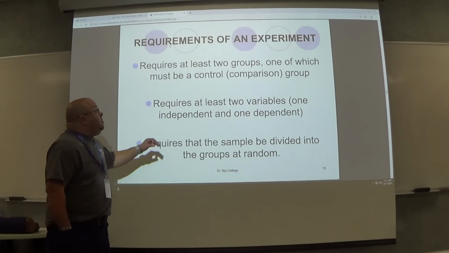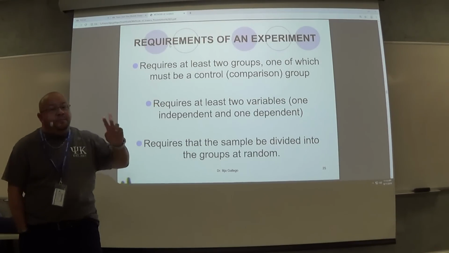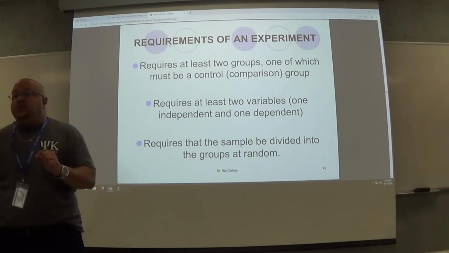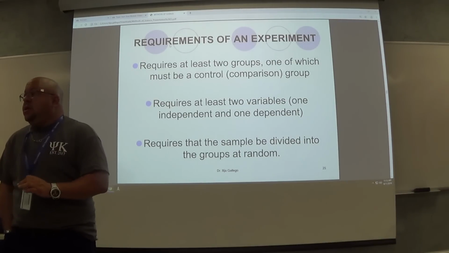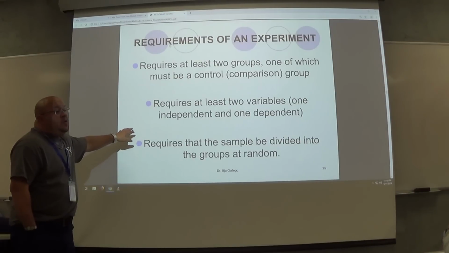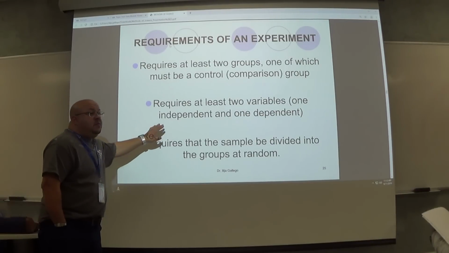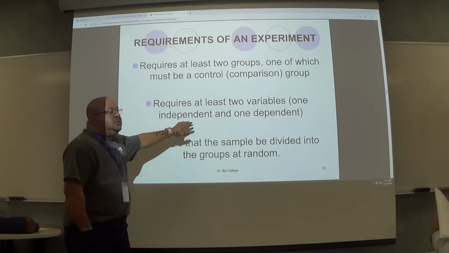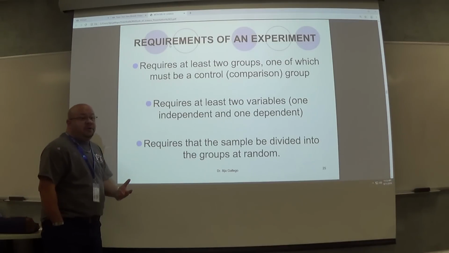Okay? So we have here the three requirements of an experiment. To do an experiment, you have to have at least two groups that you're dividing people into, and of those two groups, one has to be just a comparison or control group. Okay? And you also have to have at least two variables, one independent, the one we control and manipulate on purpose, and one dependent, the one that we measure.